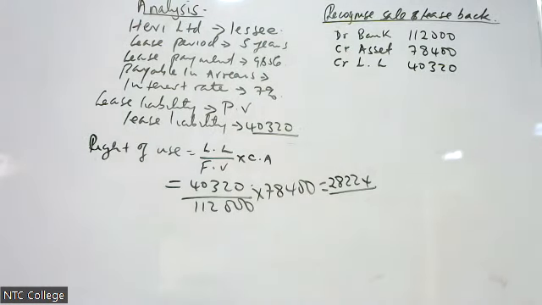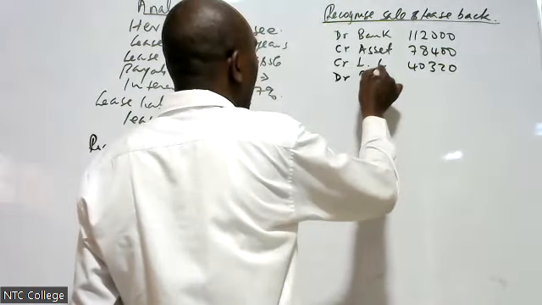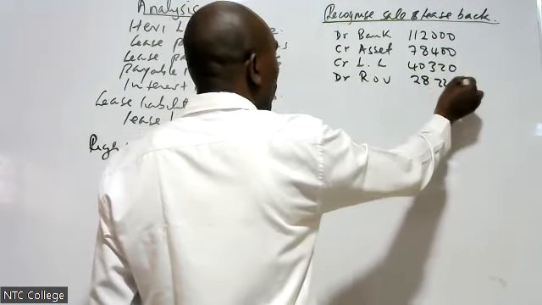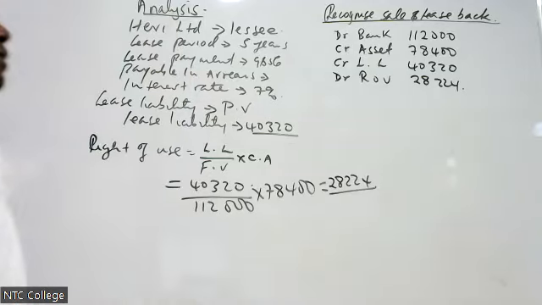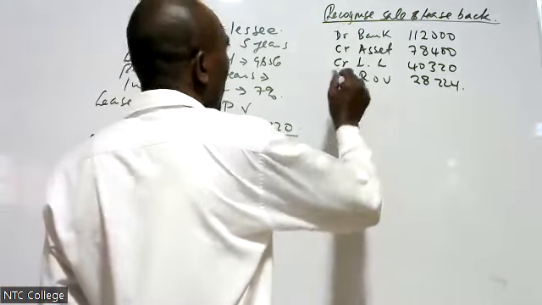Then lastly, we recognize the right of use. We debit the ROU, right of use, 28,224 as per my good friend Ruth. Now that's what we said. We recognize the right of the sell and leaseback.